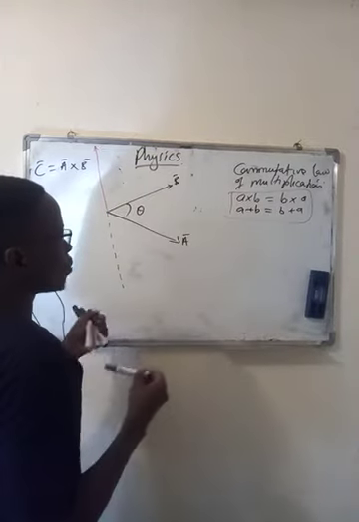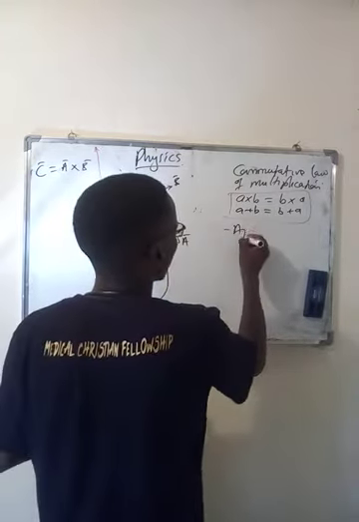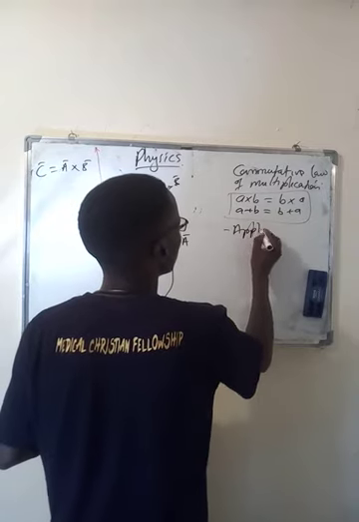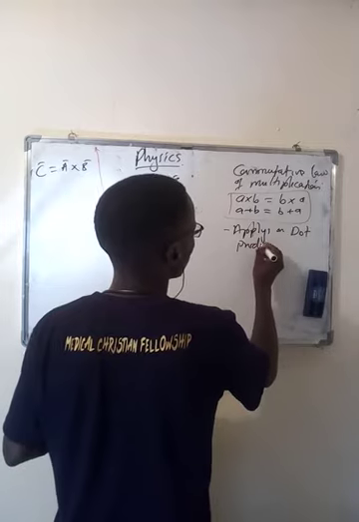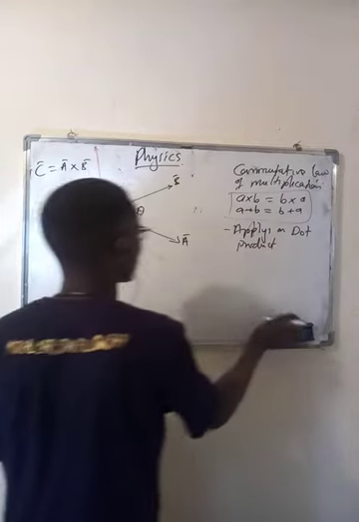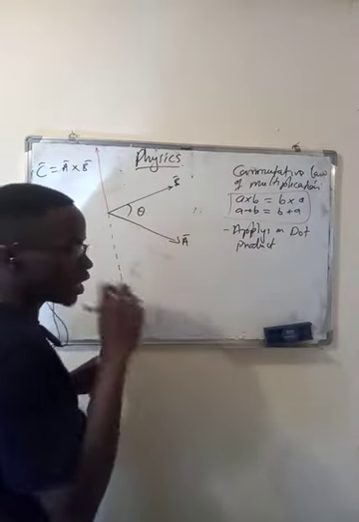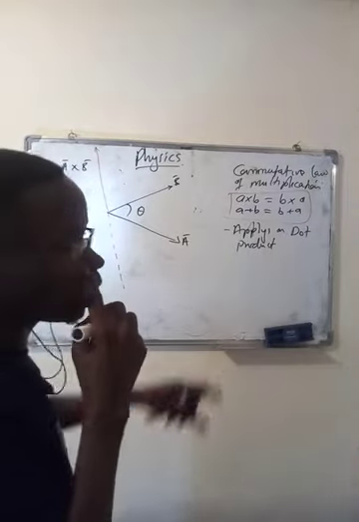Now, this commutative law applies on the dot product. In terms of multiplication of vectors, it does apply on the dot product.